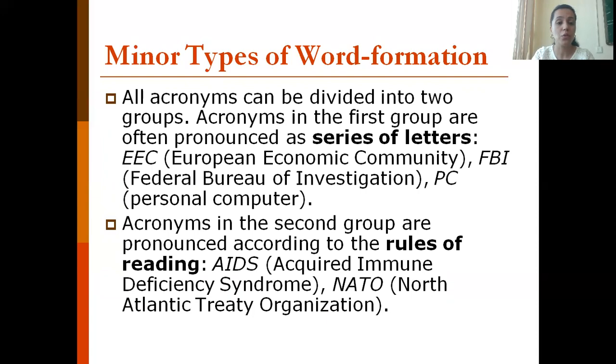Acronyms in the first group are often pronounced as a series of letters: European Economic Community, EEC, FBI, PC. Acronyms in the second group are pronounced according to the rules of reading. For example, AIDS, NATO, UNO, and etc.